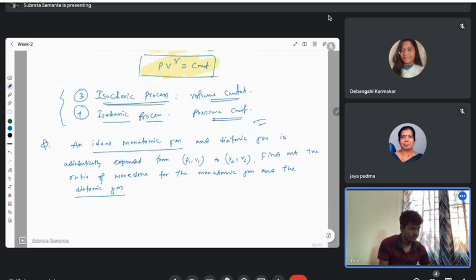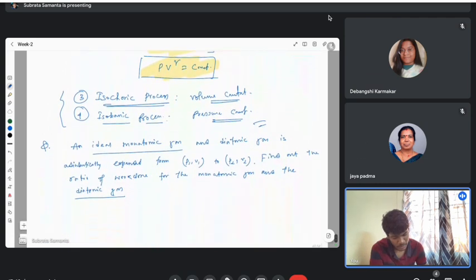So how to calculate this work done for an ideal monatomic gas and diatomic gas?